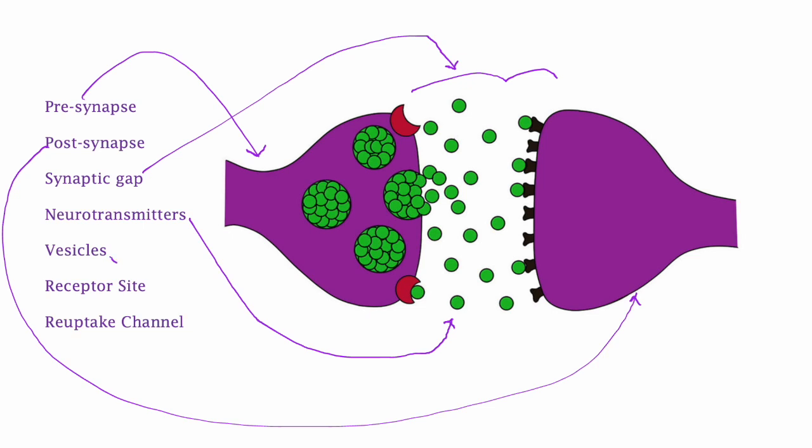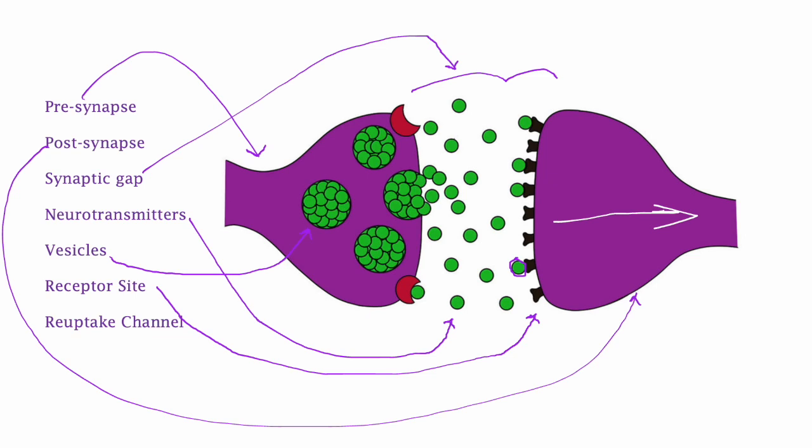In the presynapse, the neurotransmitters are held inside of vesicles, which is this black circle with the green circles inside to represent that the vesicles are housing the neurotransmitters. And on the postsynapse, you have the receptor sites, and their job is to receive the neurotransmitters so that they can bind to the receptor sites and allow the electrical impulse to travel into the postsynapse and allow messages to be sent.